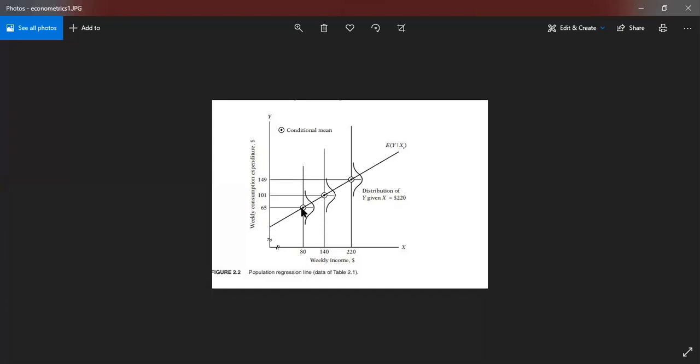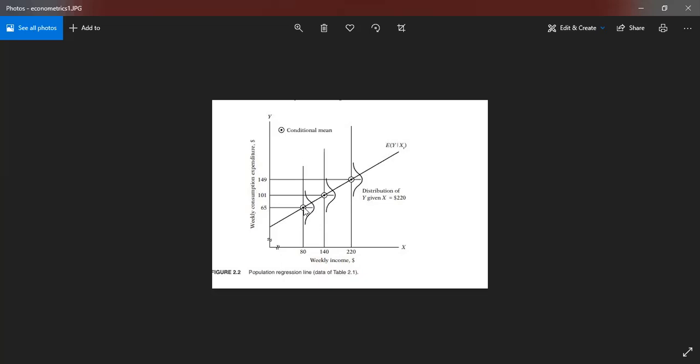Then the expected value of y is 65. Expected value of u is 0. Mean of u is 0. So number 1, they are saying when x equals 80, y has 5 values.